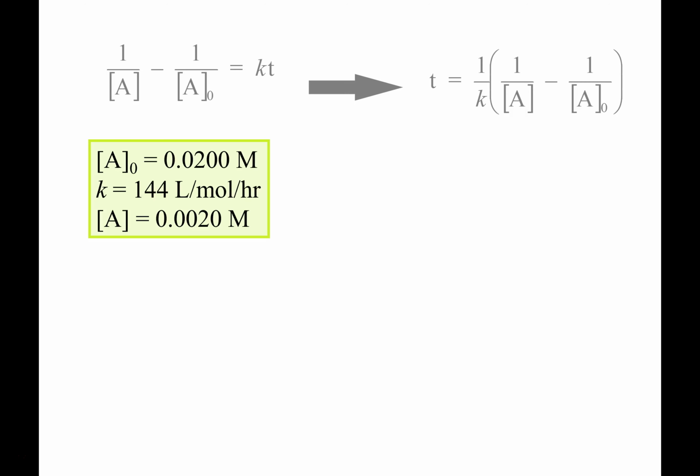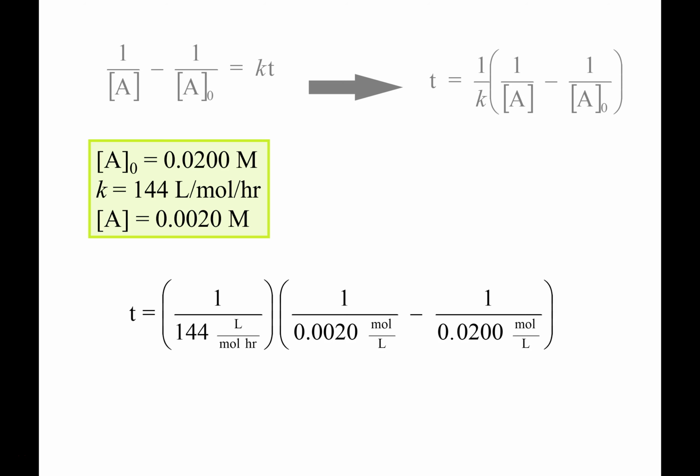So these are the numbers we're going to plug in. The concentration of interest is 0.0020 moles per liter. We're just going to see how long it's going to take to get that new concentration. So we have the inverse of K, so 1 over 144 liters per mole per hour, times this difference here, the inverse of A minus the inverse of A0.